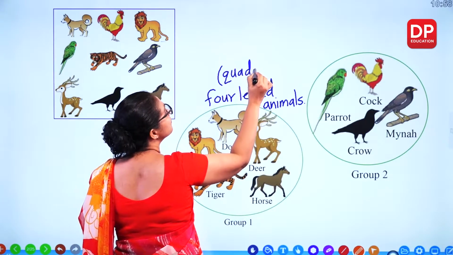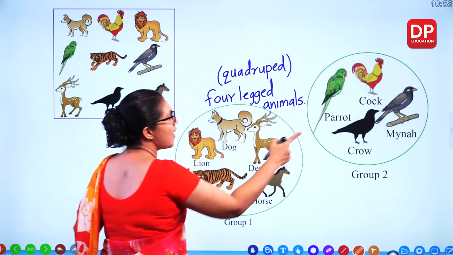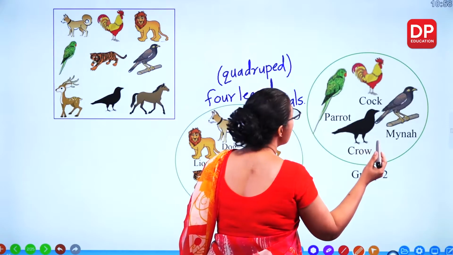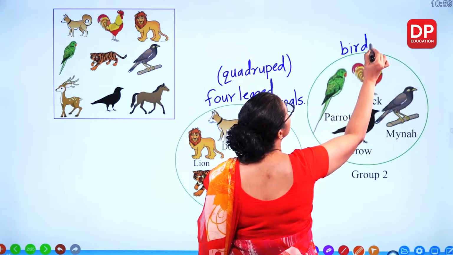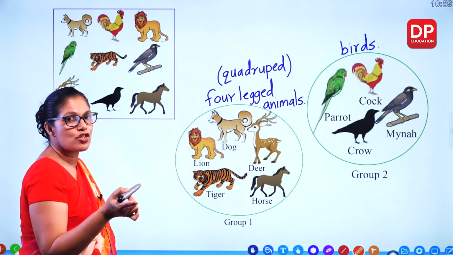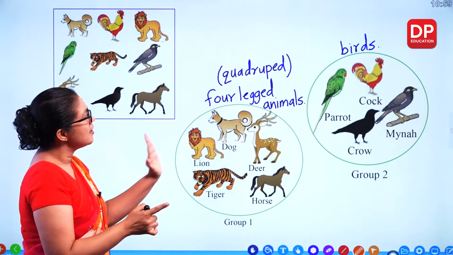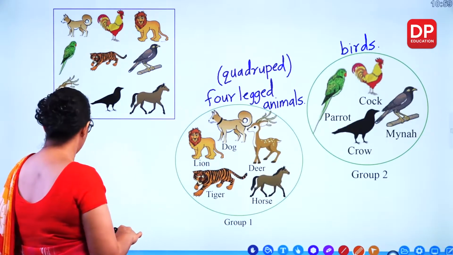Quadruped. And what about this one? I can name it as birds. So this is selection. Out of these, we can select the animals and birds into two groups.